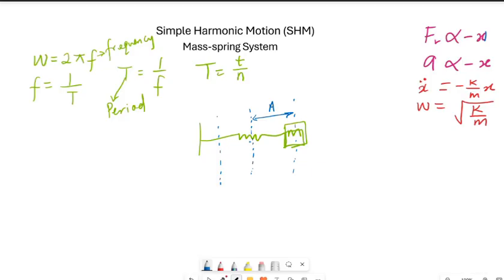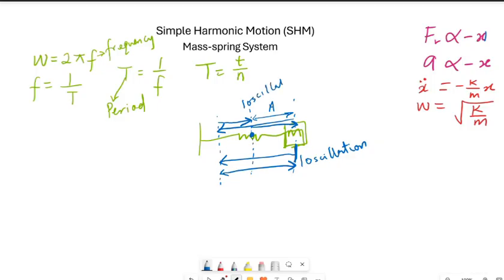Now for a complete oscillation, if we start from this position, it will move to and fro for it to become one oscillation. But if we start from this midpoint, it will move to the left, go back to the right, and go back to the main position, and that makes it one oscillation also.